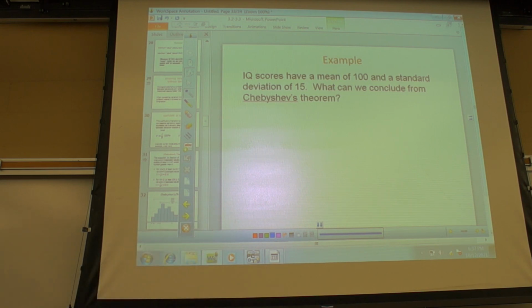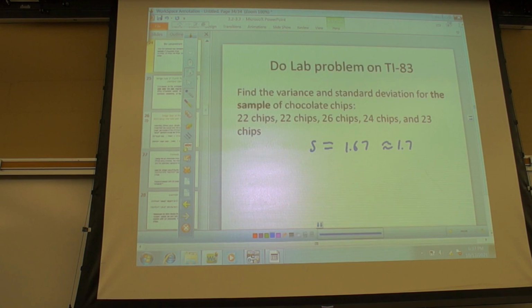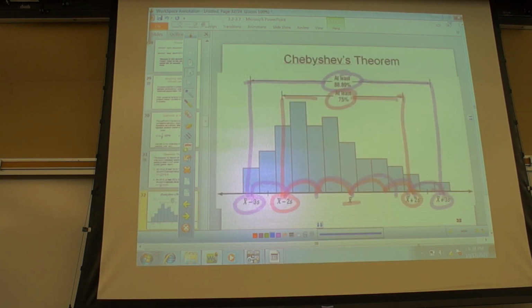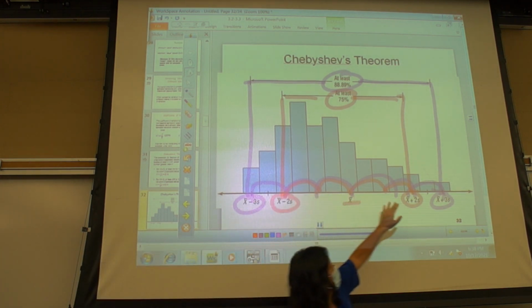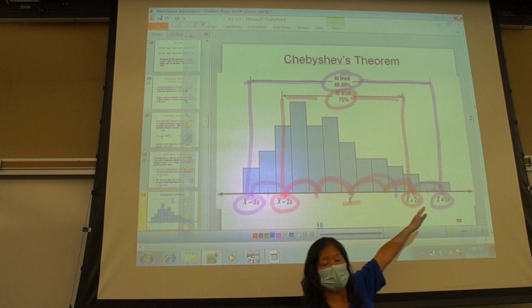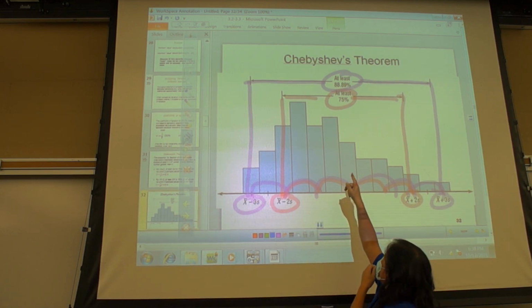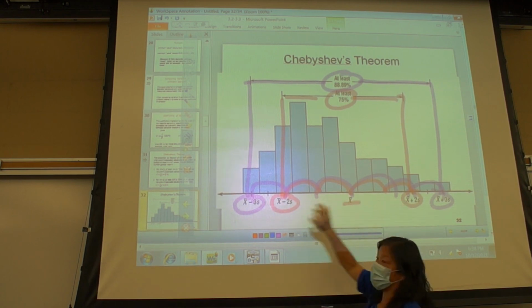What we're asking you to find are these values here. You know that at least 75% is going to lie between these 2 values. What are these 2 values?